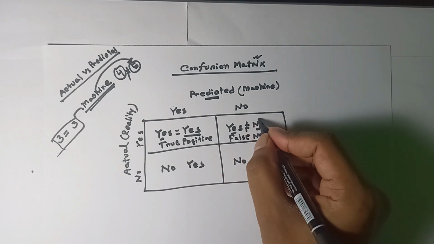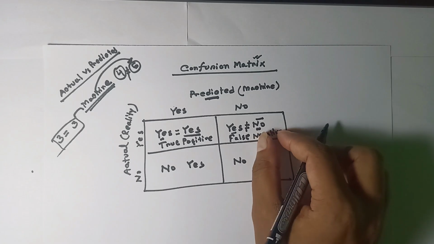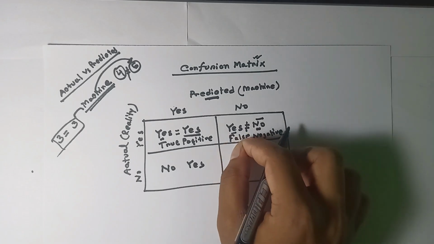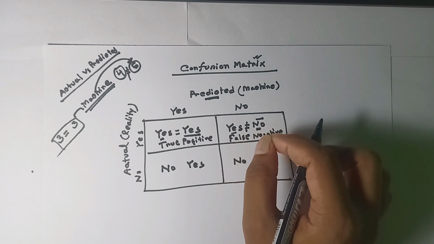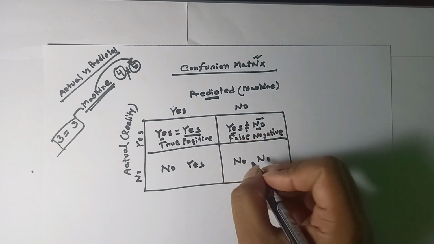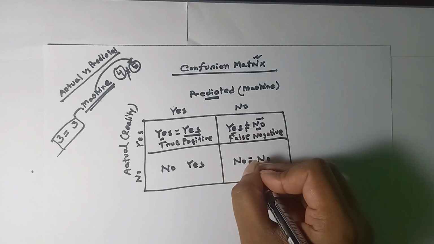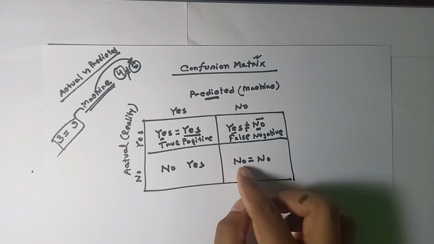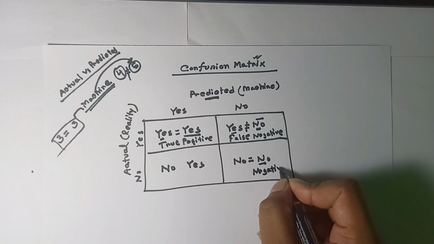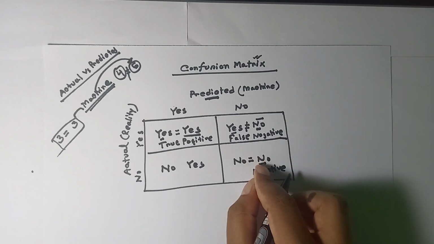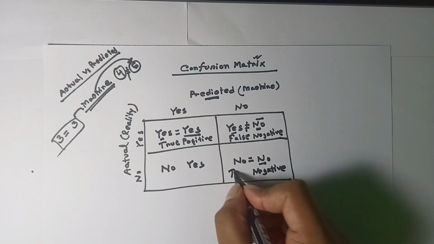The second observation: is it correctly predicted or not correctly predicted? And if you see that these two are equal, so it's correct. What is it? It is a negative. Is the negative correctly predicted? Yes, then it will be true negative.